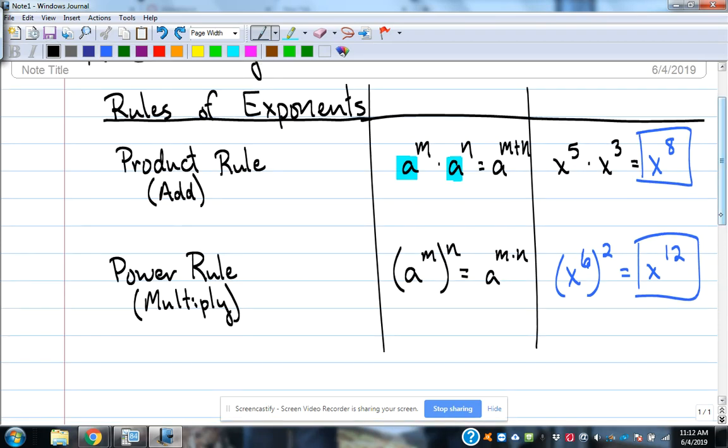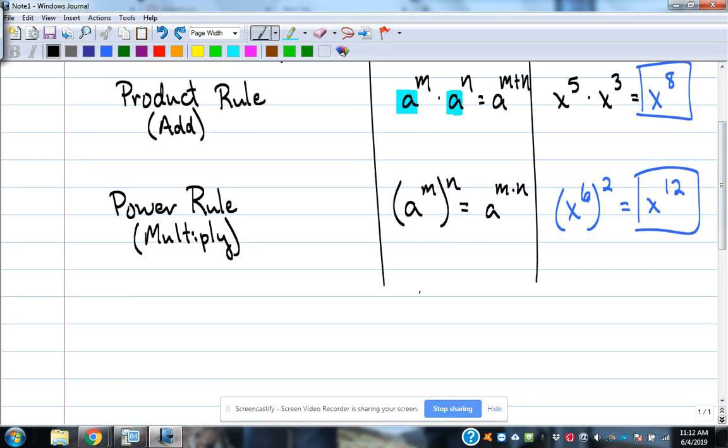Another type of power rule could be where you have more than one thing in the parentheses. Maybe you've got a to the m power, b to the n, and then some exponent x on the outside. It's like the distributive property: everybody gets multiplied by this x power. So it's a to the mx, b to the nx.